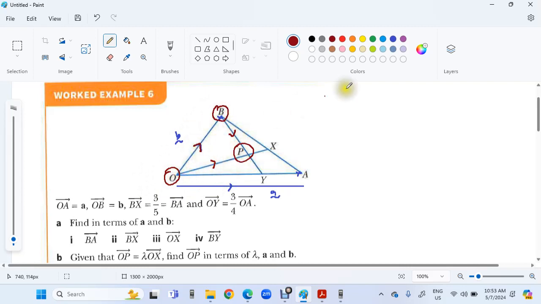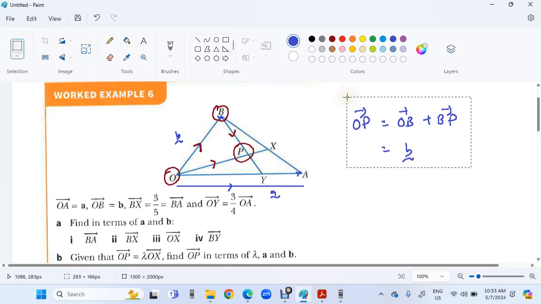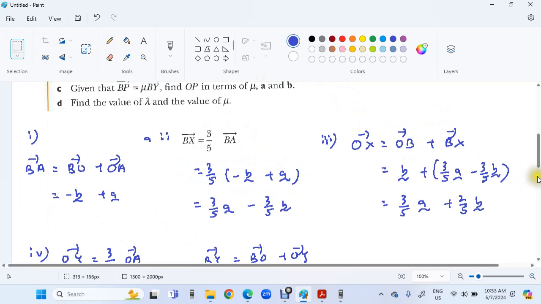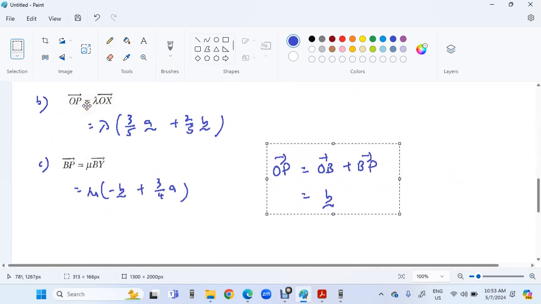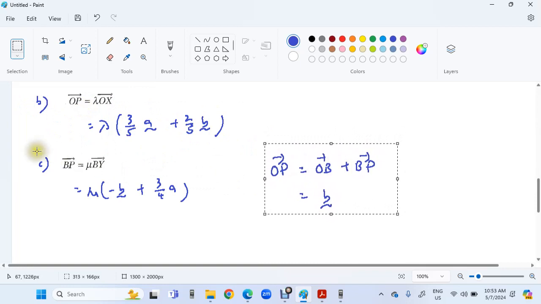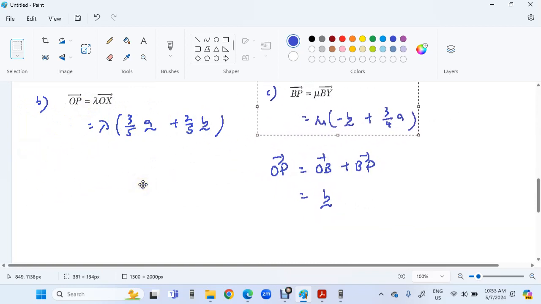So I can say that OP is actually O to B plus B to P. O to B is B, and B to P is mu BY, this one.